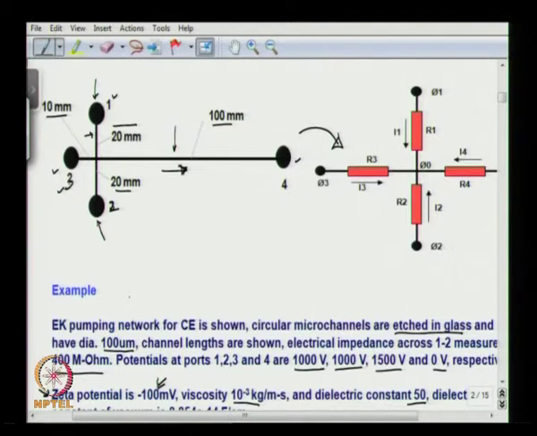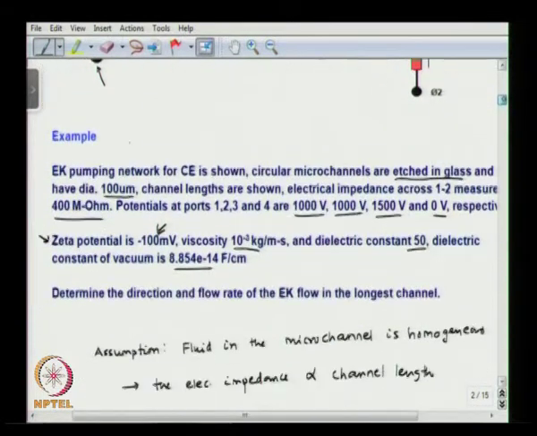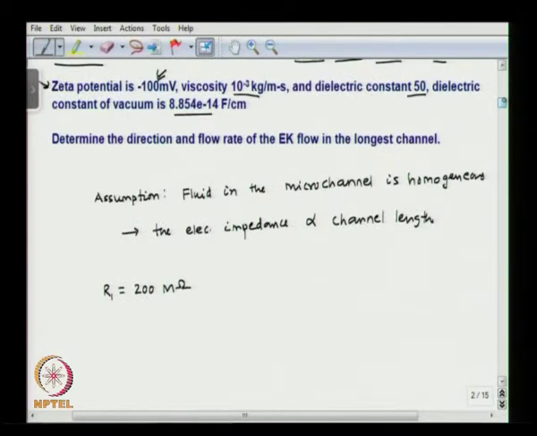So 1 to junction and junction to 2 have the same length, 20 millimeter. In that case each will have resistance 200 mega ohm, because the total is 400 mega ohm.